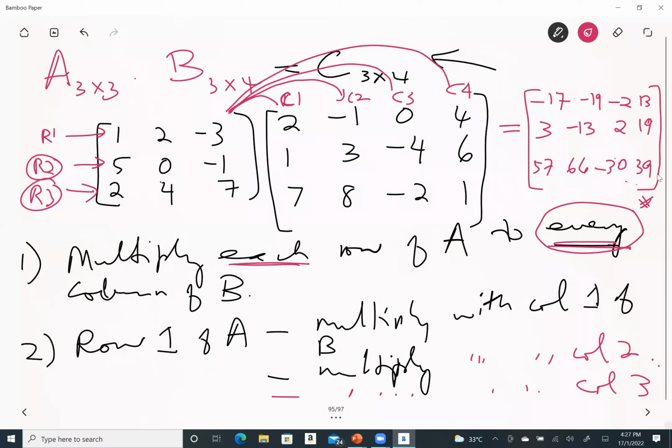Anybody get a different value for any of the elements? Okay, all right. So good. That means we got the concept. So that is the concept of multiplication.